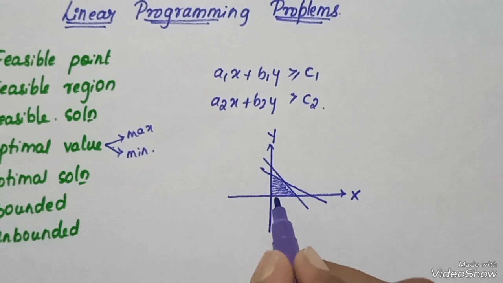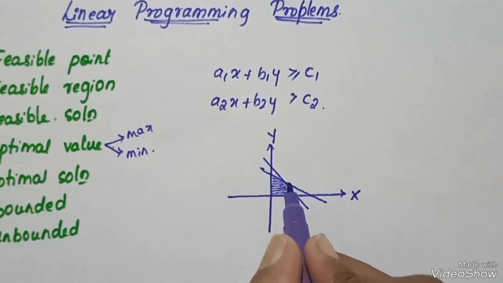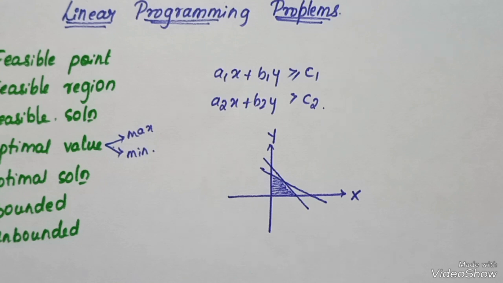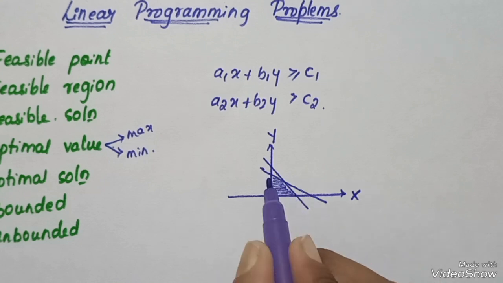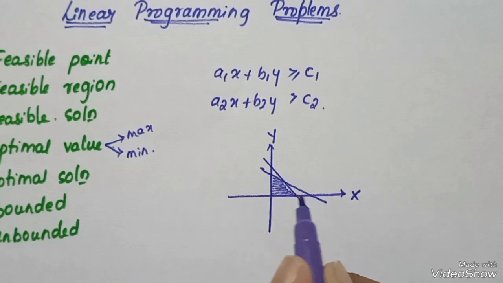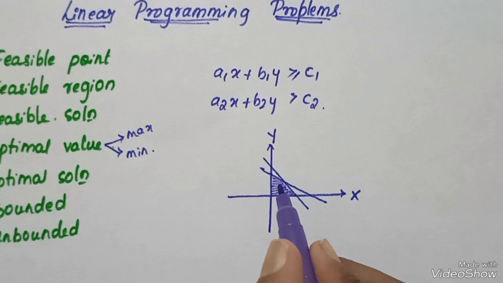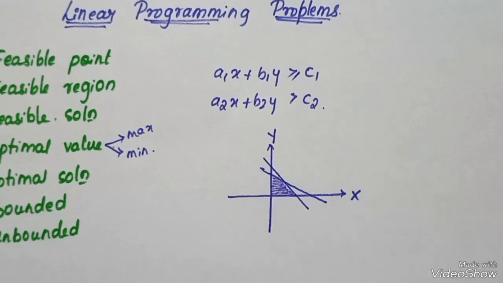When we take points from the common region, the result we get is called a feasible solution. Every point of this region is a feasible solution.